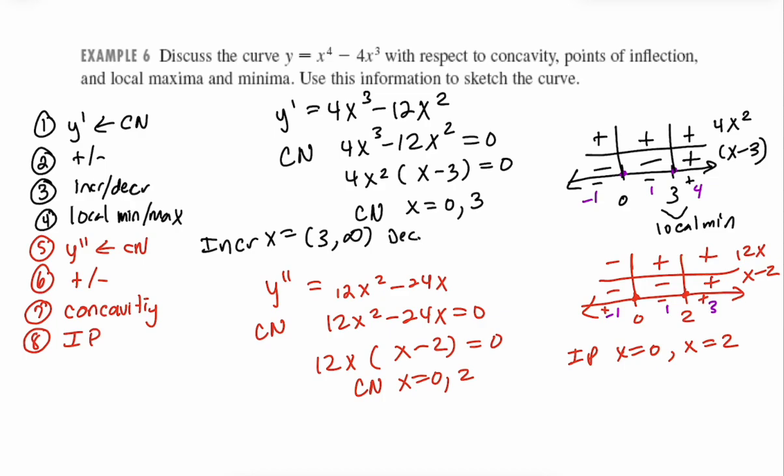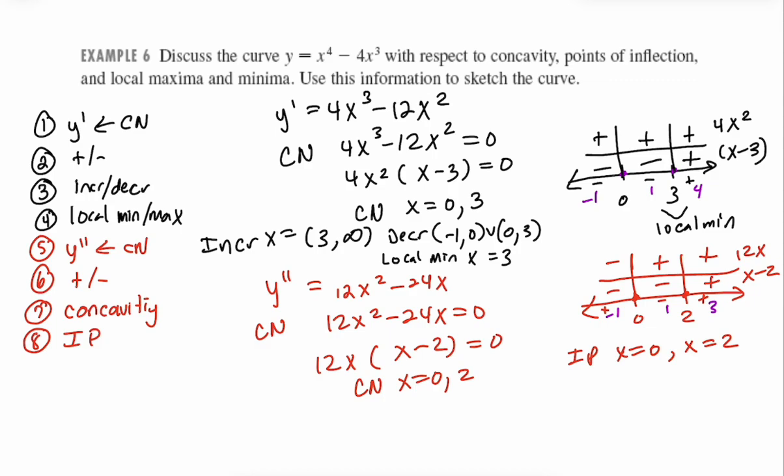It's decreasing in 2 intervals, from -1 to 0, and then again from 0 to 3. Now you can include that whole thing, but 0 has this weird thing happening, so it's customary not to include it if it's a critical number. And we know that there's a local minimum at x equals 3.